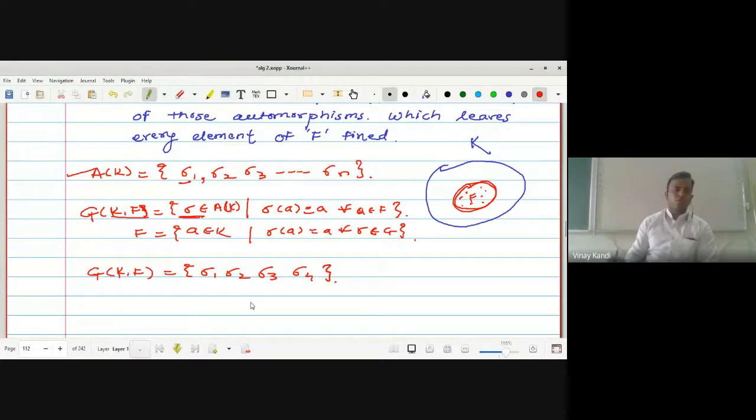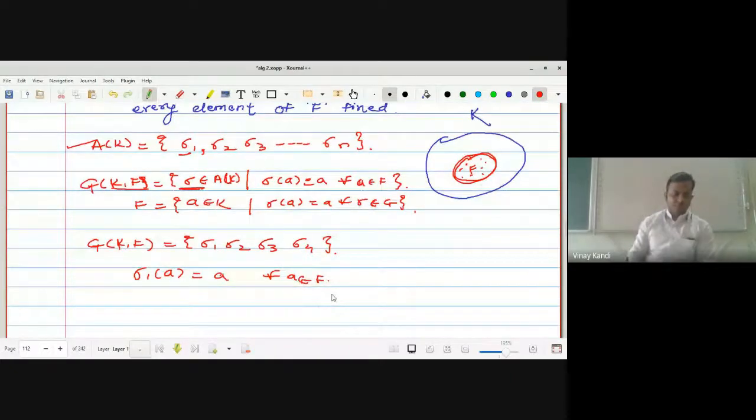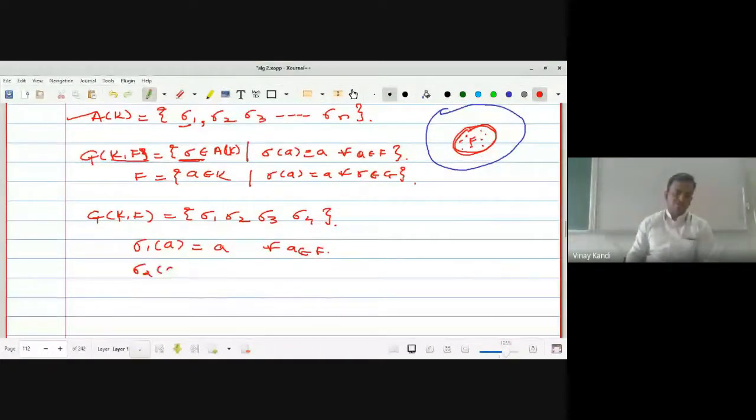Sigma 1 fixes all a belongs to F. Sigma 2 fixes all the elements of F, sigma 3 fixes all the elements of F again, and sigma 4 also fixes all the elements of F.